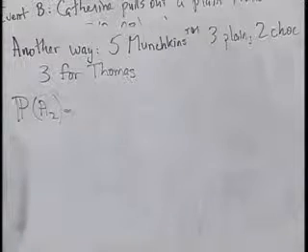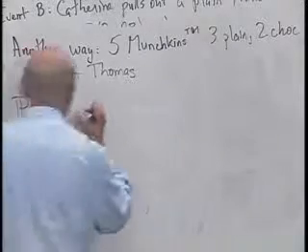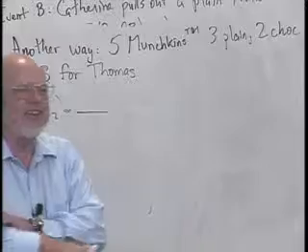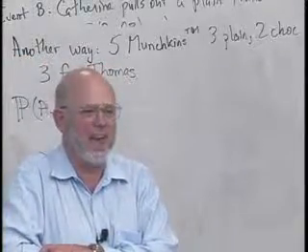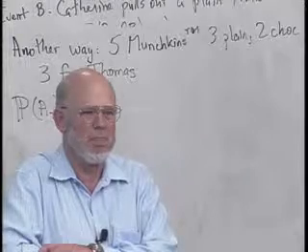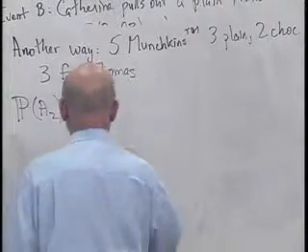What's the probability that he gets both the chocolate Munchkins? Well, let's do the denominator first. How many ways are there of selecting the Munchkins that go into Thomas's bag? 5 choose 3.